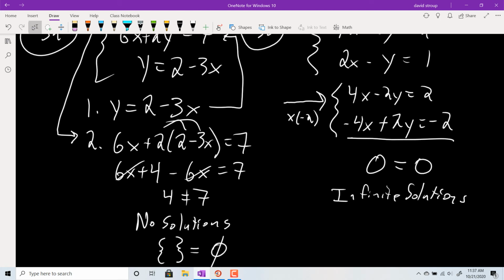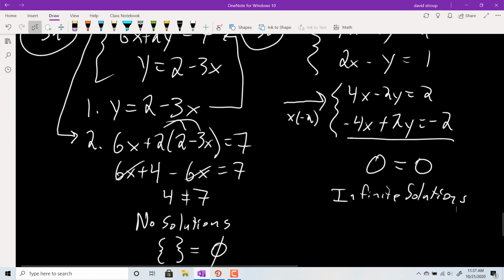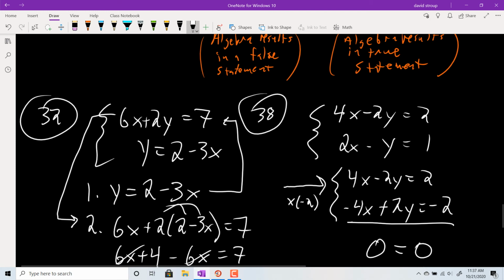Technically, it's not every solution in the universe, right? There's going to be points that don't work. There's going to be points that aren't on this line. So in the homework problems, you'll see them write it more specifically using set notation. Basically, it'll be the set of all coordinates x comma y that lie on the line. So you could pick either equation from where you started.